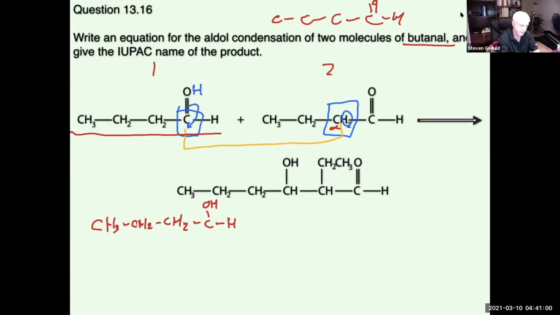So this carbon right here is going to connect to number 2, and it connects at the alpha carbon. So it connects right there where it says CH, because we lost a hydrogen. So this carbon right here is where we're connecting. That's this carbon. Okay. To the left of it is a CH2, CH3.